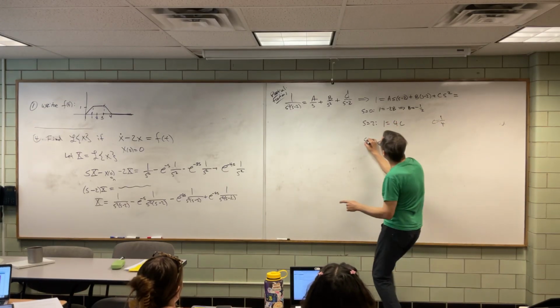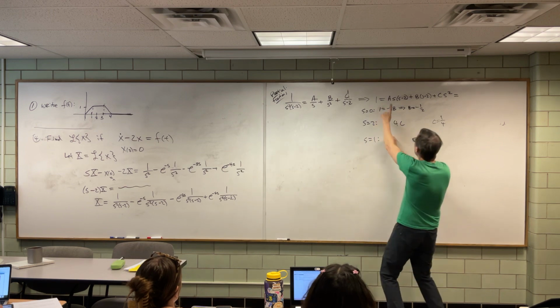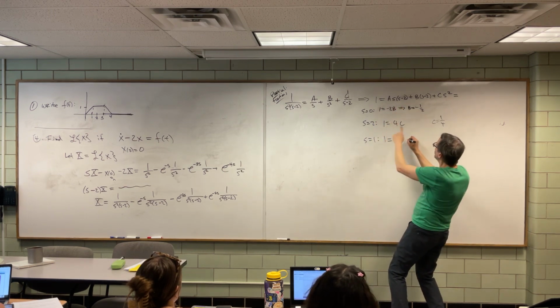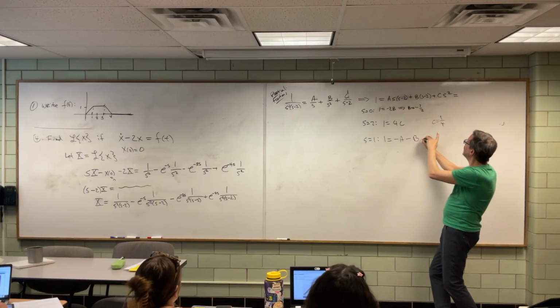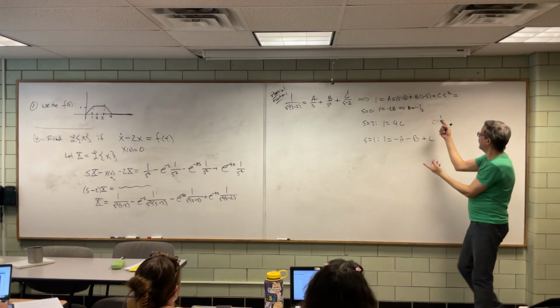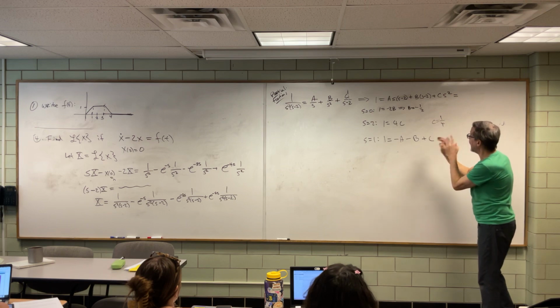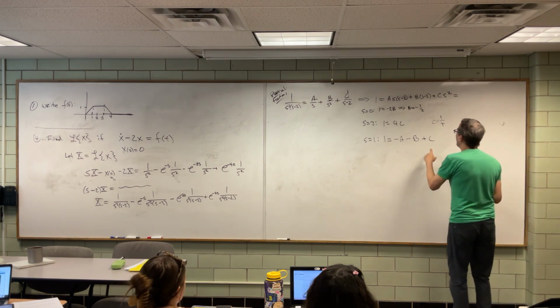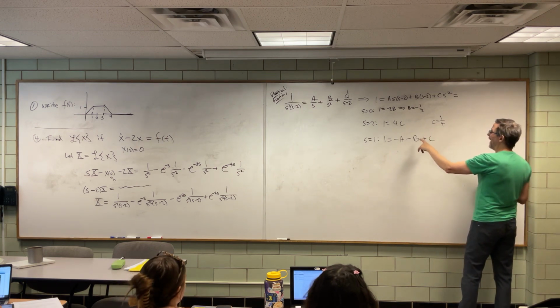So I could pick s equals 1 and get a new equation. That would be 1 equals negative a minus b plus c. And since I know b and c, I now own a. Well, let's just do it that way, right? Why go do it another way?